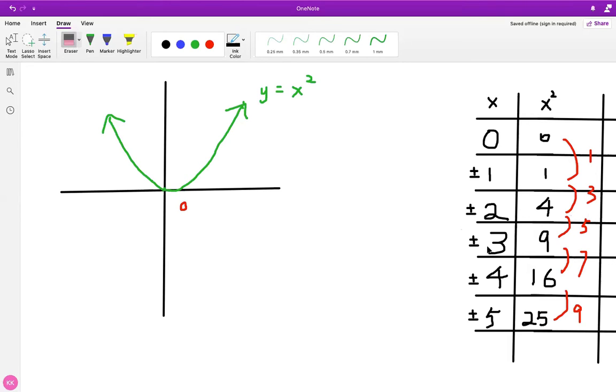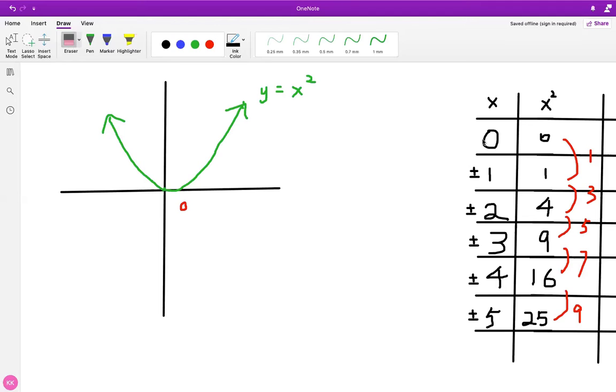When x increases from 3 to 4, y increases from 9 to 16, so it's 7 units apart. When x increases from 4 to 5, y increases from 16 to 25, so it's 9 units apart. So each time I increase my x value, the y increase grows by 2.